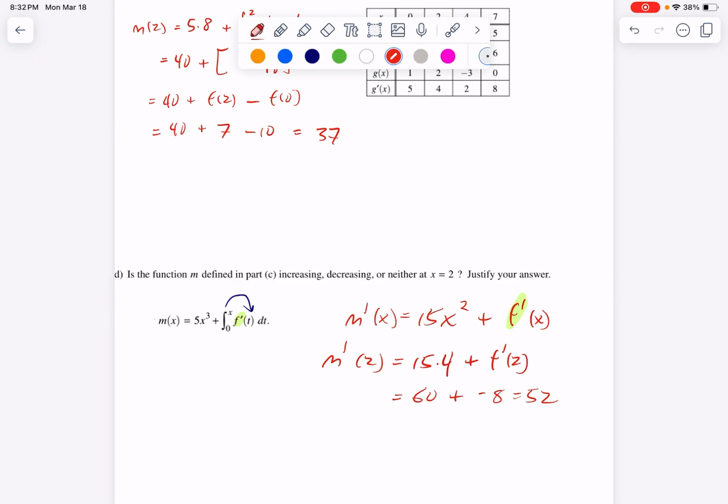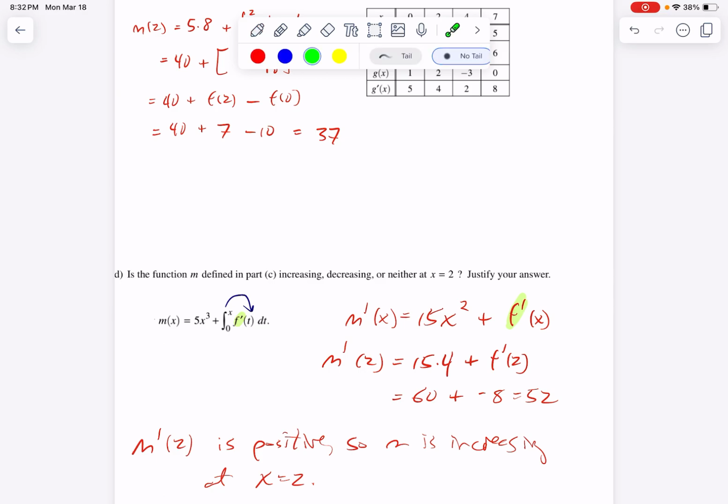So we can say m prime of 2 is positive, so m is increasing at x equals 2. Put your finger on exactly what you noticed, right? Say m prime of 2 is positive. Don't just think it.